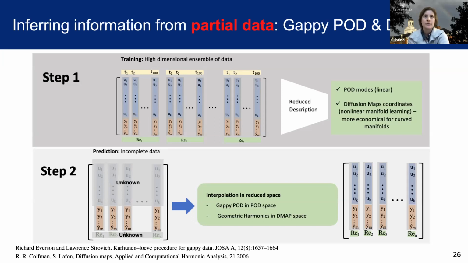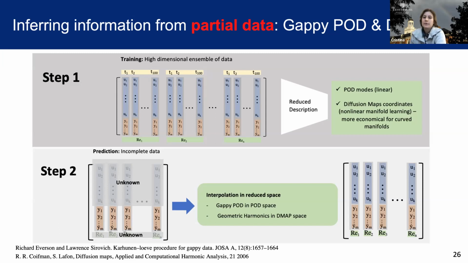And gappy POD is a technique that is available out there in different papers and has been shown for this objective. And what gappy POD does is that it recovers missing information from a vector that belongs to a subspace that is spanned by a few POD modes. And the missing data is obtained by performing interpolation in this reduced space.